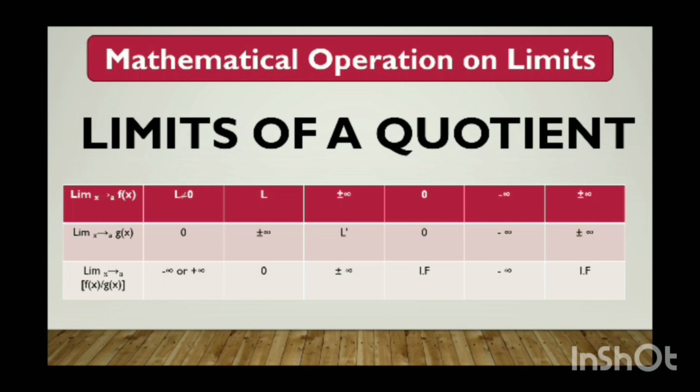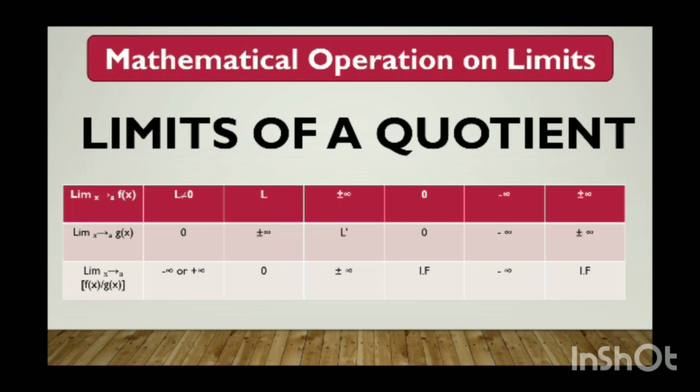If you have, let's say, the limit of f of x being plus or minus infinity, and the limit of g of x being a certain L prime, then upon division we are still going to have plus or minus infinity, because infinity means a very, very large number.